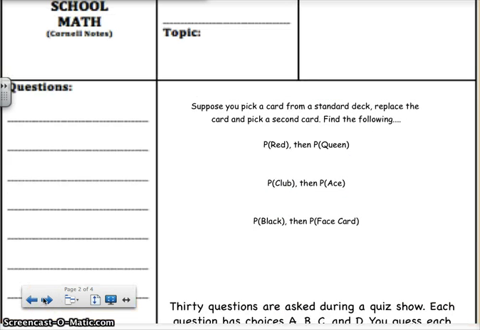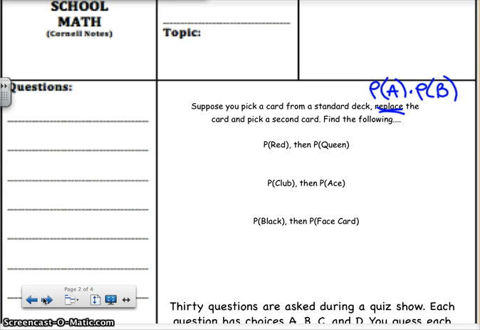All right. Suppose we pick a card from a standard deck. We replace. Notice it says replace, so that just means I'm going to go the probability of A times the probability of B. I'm just going to multiply them. Find the probability of red, then queen. Well, what's the probability of red?